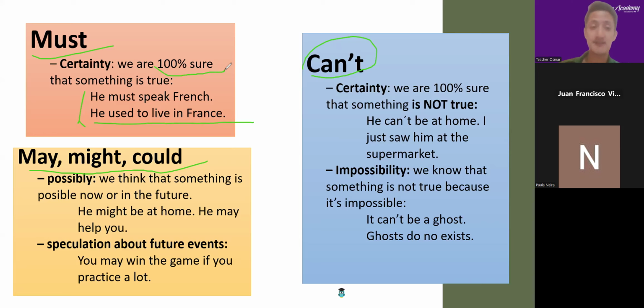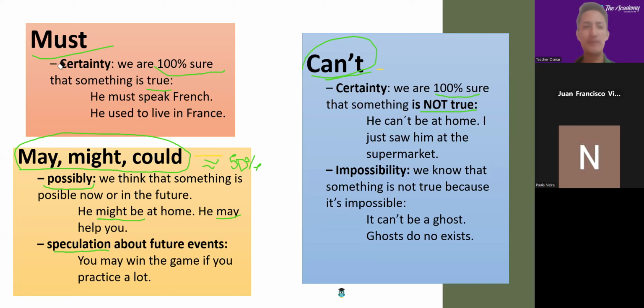But remember, Juan Francisco, we can also use them for deductions. Para deducciones cambia el significado, ¿ok? Ya no es como poder de una habilidad, ¿no? Porque habíamos visto que can y can't es una ability. I can play, I can dance, I can't swim, I can't cook. So for deductions, remember, they have a different meaning. Okay, teacher. Thank you.